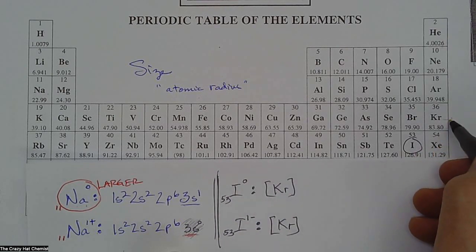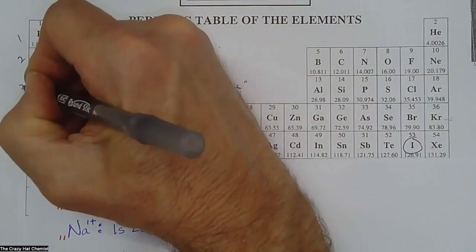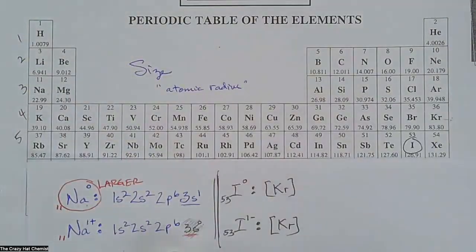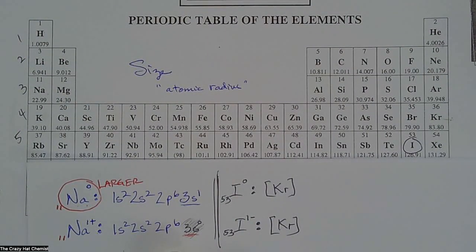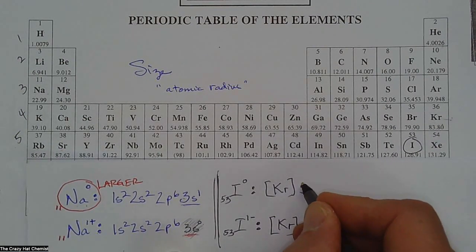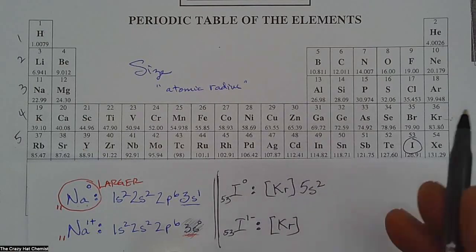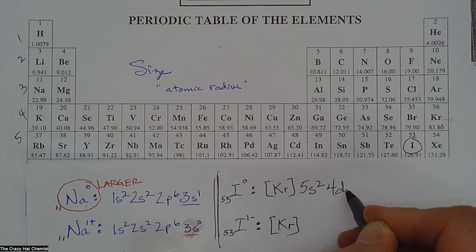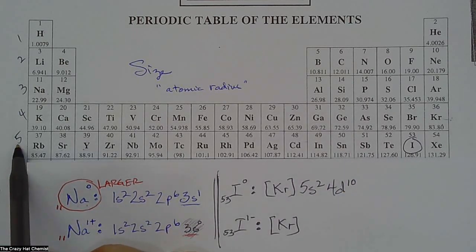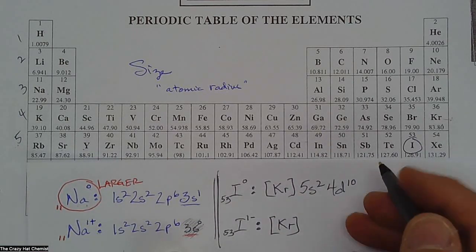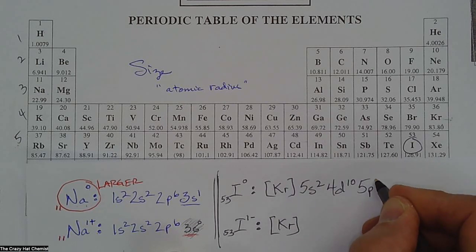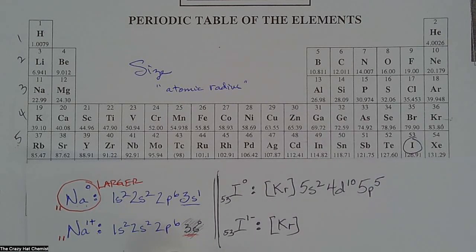And after krypton, hopefully you recognize the periods on the left-hand side there that I just labeled. So krypton and then 5s2, 4d10, and then 5p5. Okay, that is for the iodine atom.